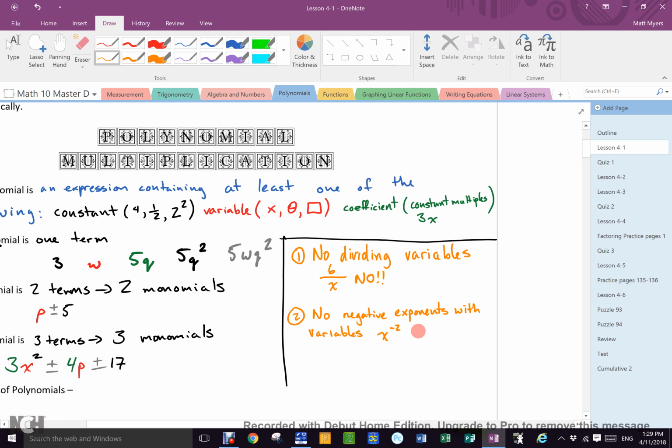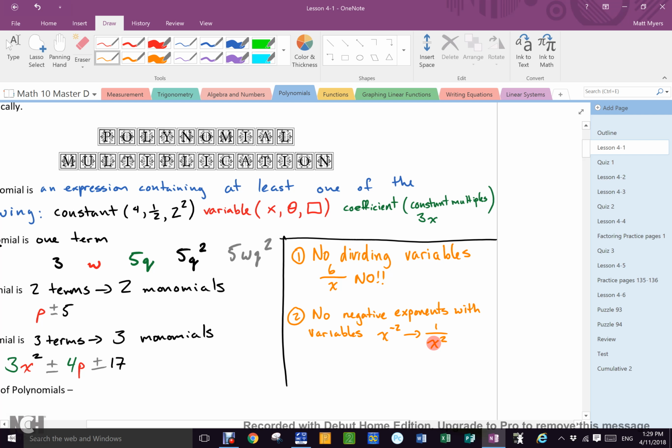Corey? Because then you'd have to make a fraction, and the variable would go down to the bottom. Right? That would not be allowed, because that would become 1 over x squared. Now you got an x on the bottom.